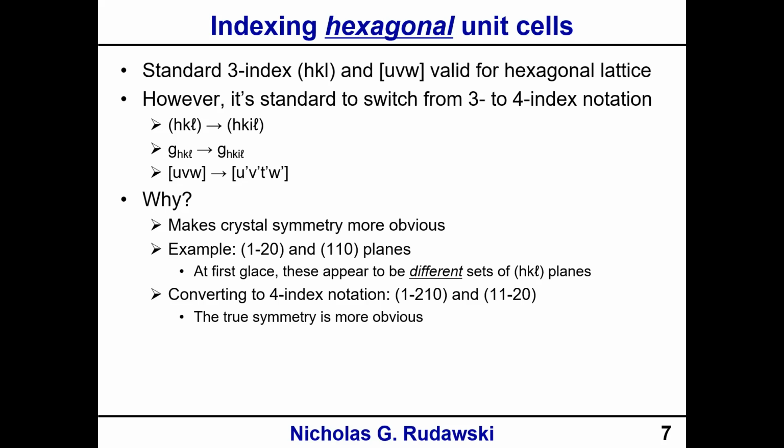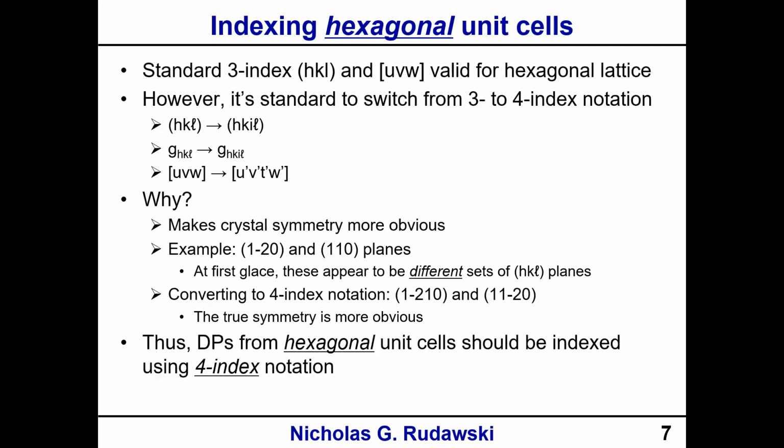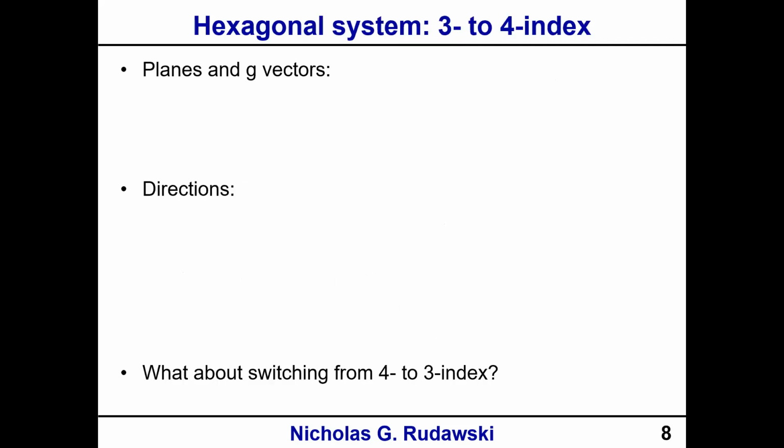So at first glance, these might appear to be different sets of planes from different families. But if we convert these to 4-index notation, we end up getting 1, 2 bar, 1, 0 and 1, 1, 2 bar, 0. So it turns out these are in the same family, and converting to 4-index notation makes the symmetry more obvious. That's why we use the 4-index notation. The takeaway here is that when you have hexagonal unit cells, you should index them with 4-index notation.